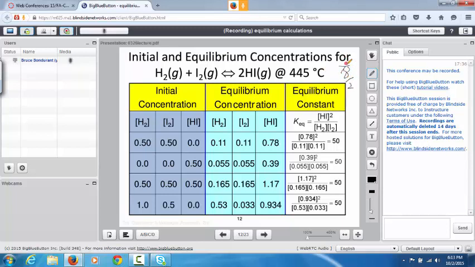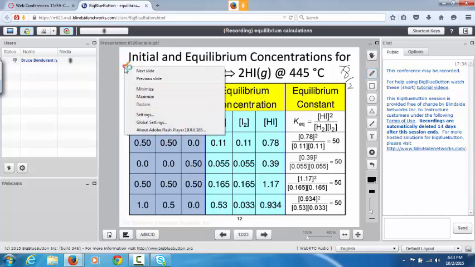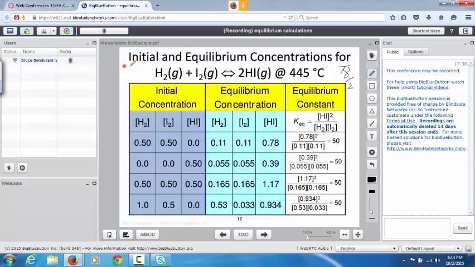So half of 70 is 35, half of 8 is 4, so that would be 0.39. So this would be 0.50 minus 0.39.